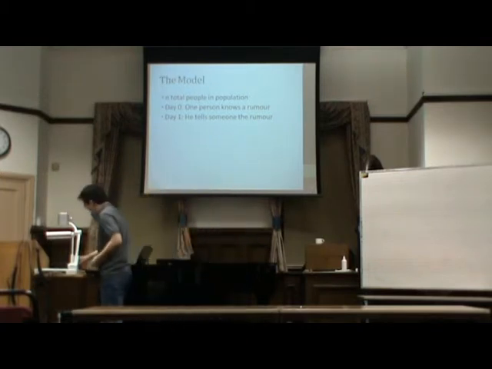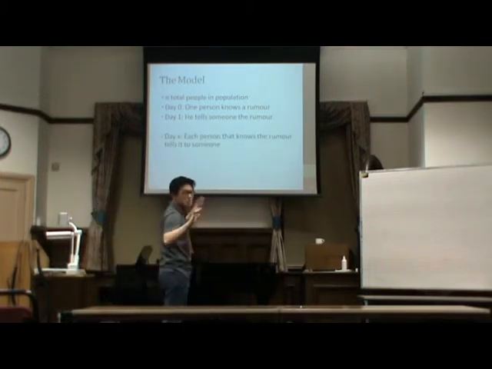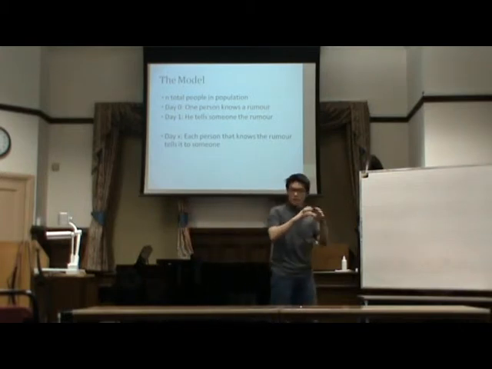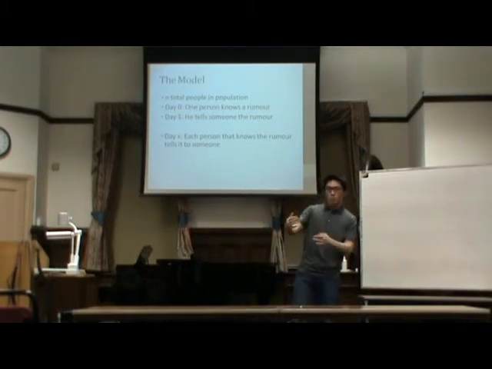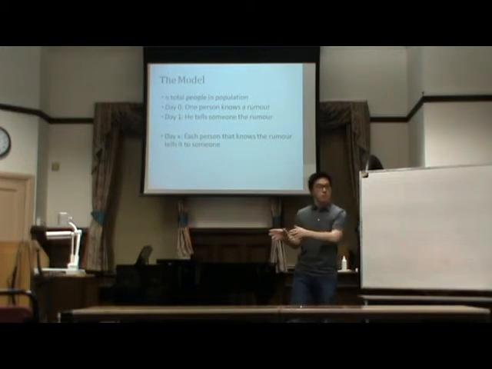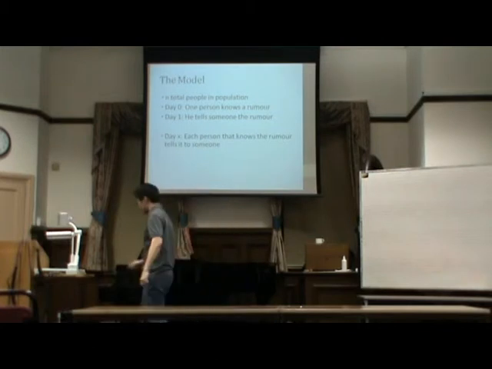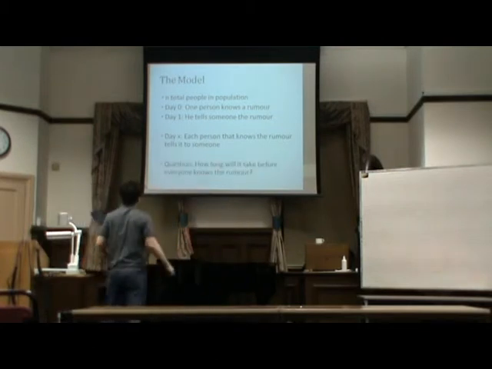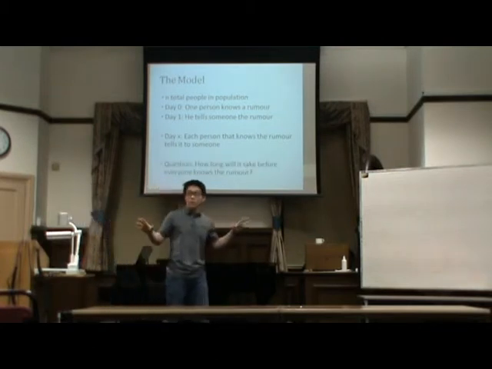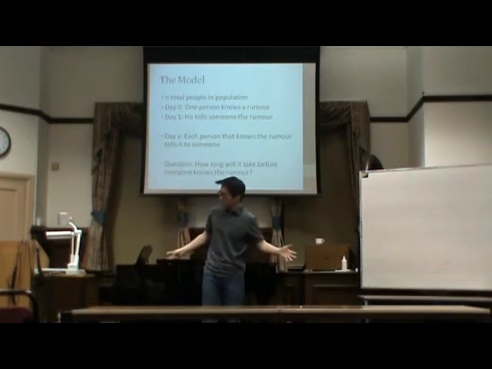And then every day after that, each person that knows the rumour at this current state in time tells it to one other randomly generated person. Now this randomly generated person may be someone who doesn't know the rumour, or maybe someone who already does. We're not differentiating between those right now. And the main question is, how long will it take before the rumour spreads to the entire group?